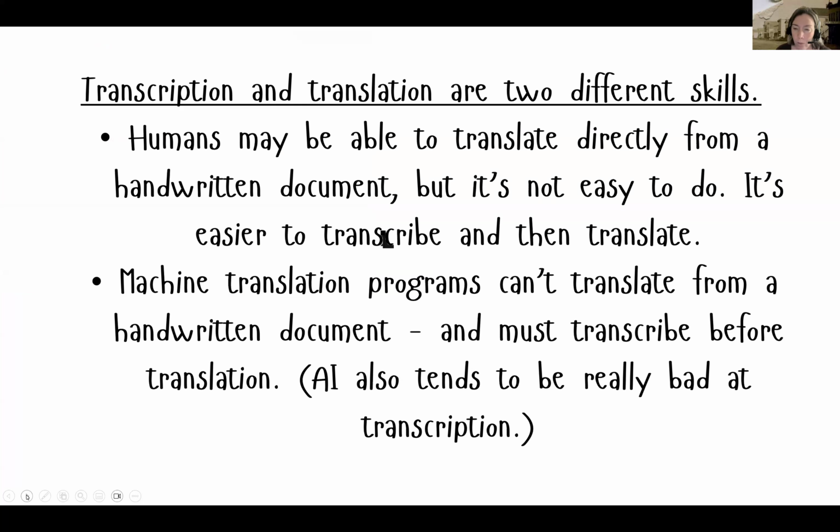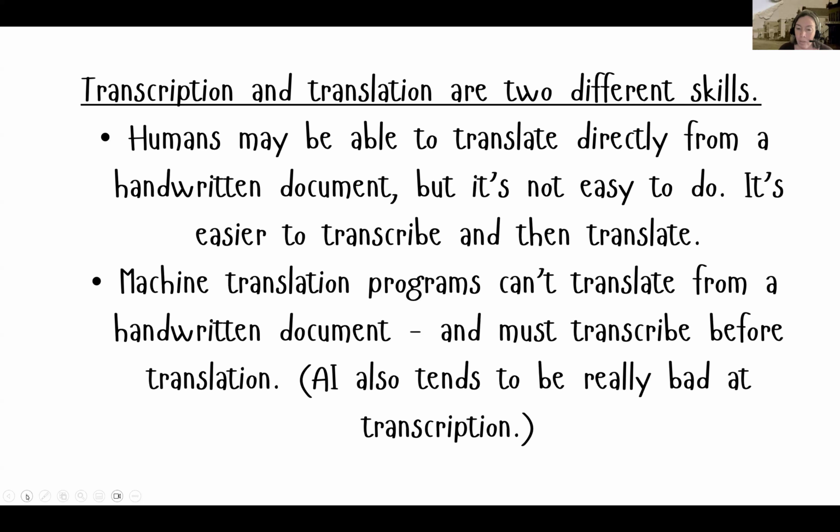This is really important, especially when you're dealing with machine translation. Humans might be able to translate directly from a handwritten document, but it's not easy to do. Why? You're trying to decide if that's an S or an F and figure out the meaning of the word at the same time. It's really easy to make mistakes. It's easier to transcribe, focus specifically on the handwriting, and then to translate.